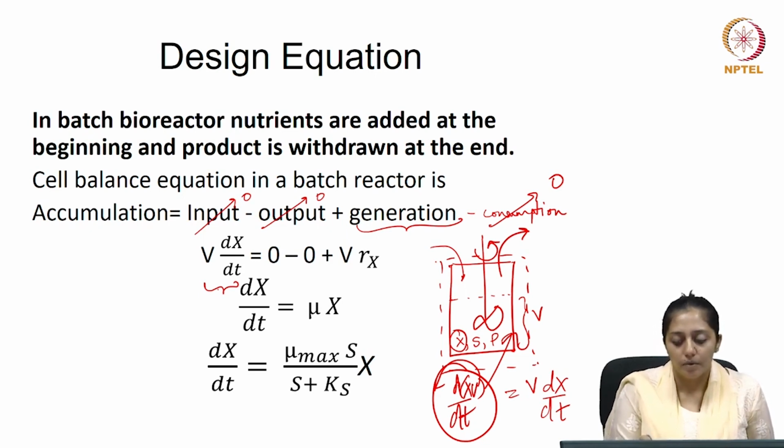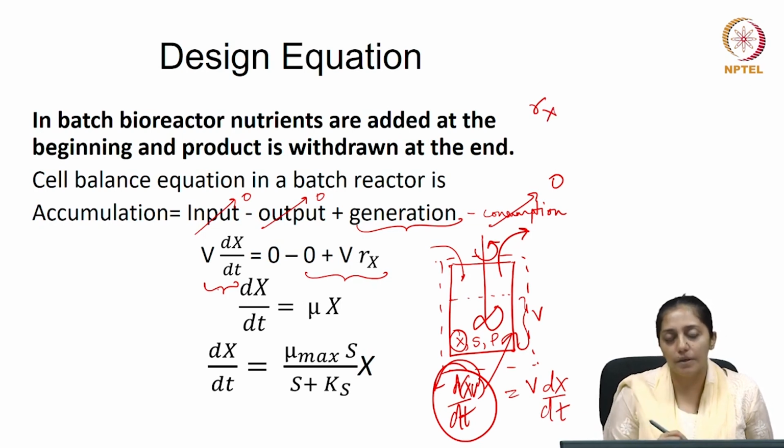So, when we expand this equation, your RHS, your Rx, now you remember the equation number 3, where Rx stands for the rate of growth of the culture. So, rate of growth of the culture, rate at which the cell mass concentration is changing with time due to multiplication.